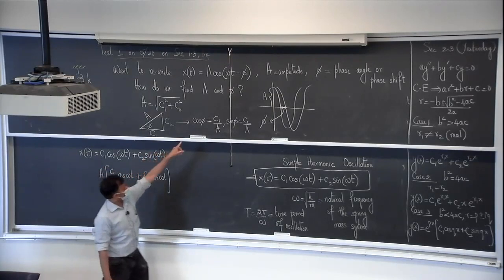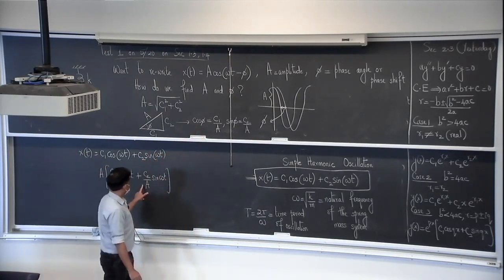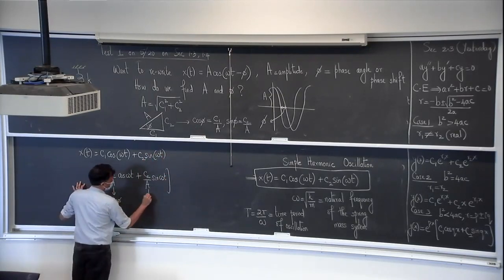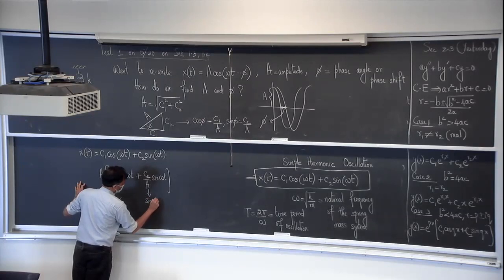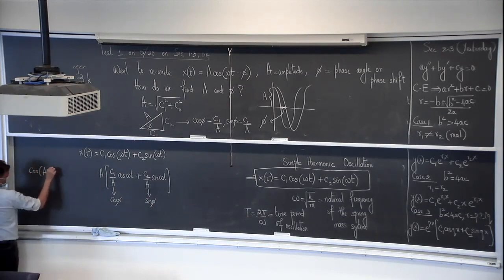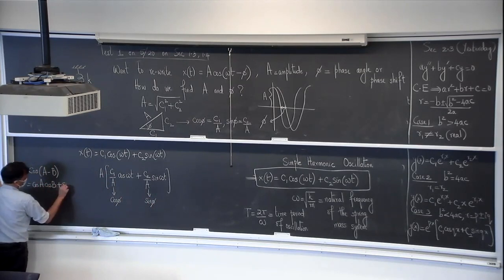C1 over A, according to this, is cosine of phi, and C2 over A is sine of phi. And you probably have seen this trig identity from high school, that cosine of a minus b is cosine a cosine b plus sine a sine b.